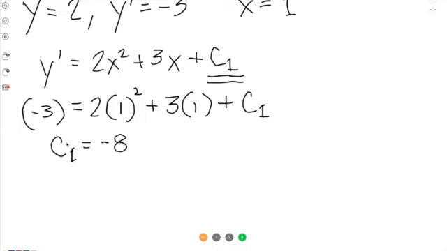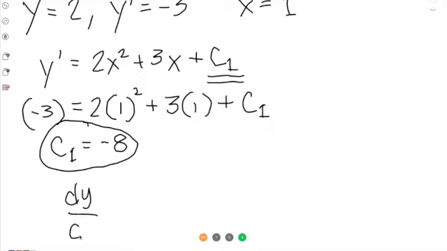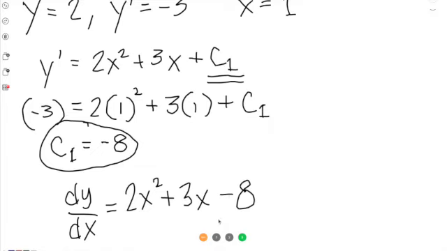So for the first anti-differentiation, we can write it down as dy dx is equal to 2x squared plus 3x plus c1, which now we know as negative 8.